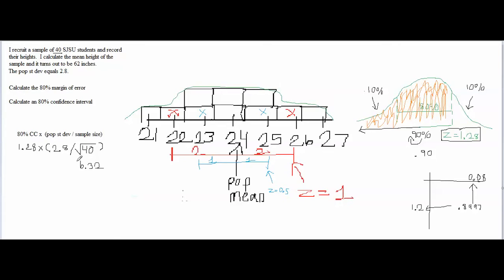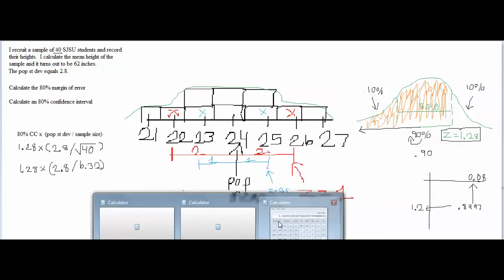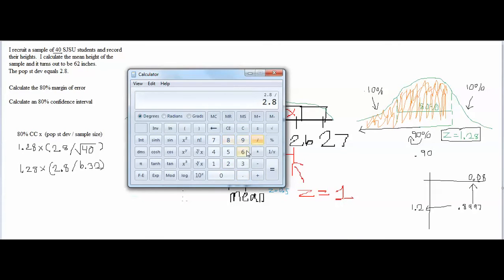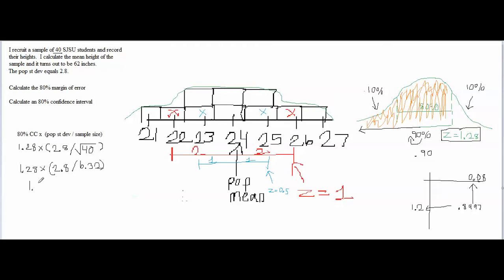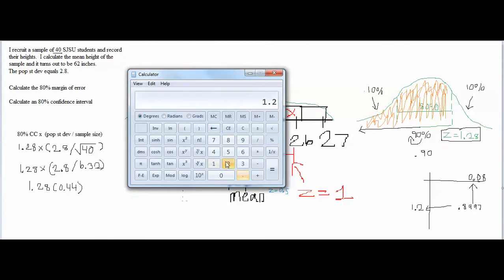And we can now divide this by this. 2.8 divided by 6.32 equals 0.44. 1.28 times 0.44 equals 0.56.